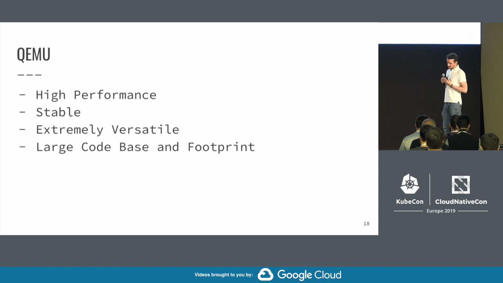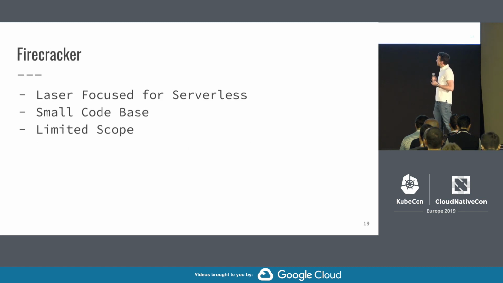The cost for this is that the QEMU code base is large. It's more than 1.5 million lines of code. And its footprint is also relatively large. So you get the performance and the versatility, and the cost for this is obviously more lines of code and a larger footprint. On the other side of the VMM spectrum, there's Firecracker.